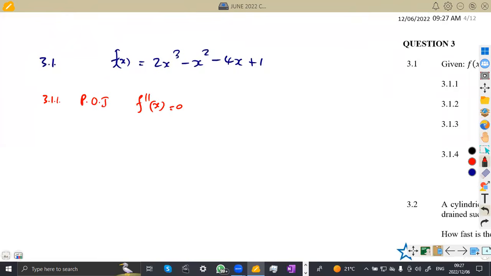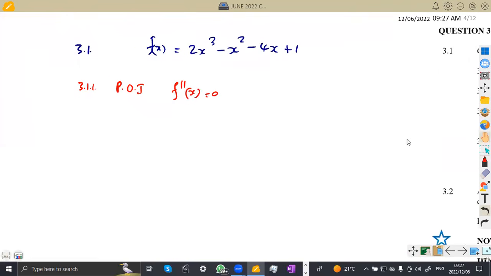So we are supposed to find the first derivative of f of x first. We have 2 by 3, which is 6x squared; 2 by 1, which is negative 2x; and negative 4 is a constant, which is 0. We find the derivative again, the second derivative: 2 by 6, which is 12x, minus 2, and the 4 becomes 0. So this must be equal to 0.